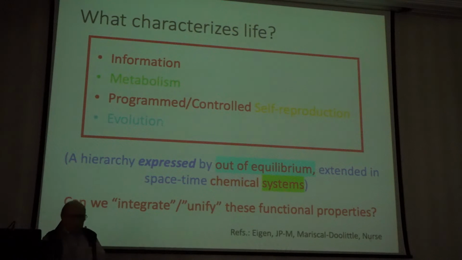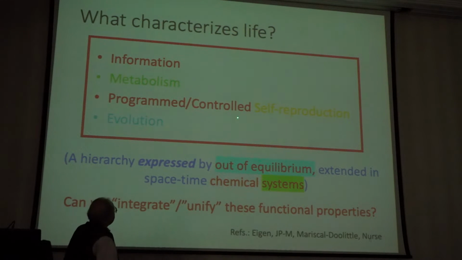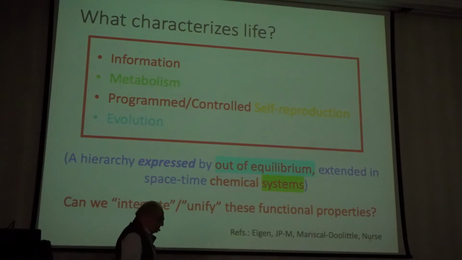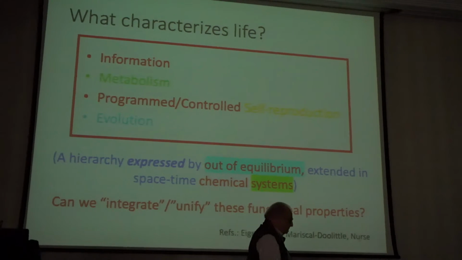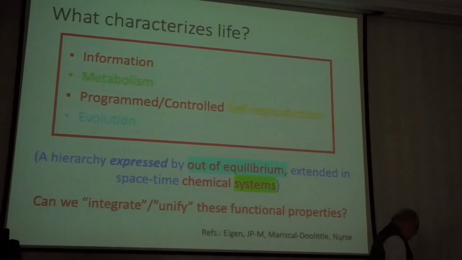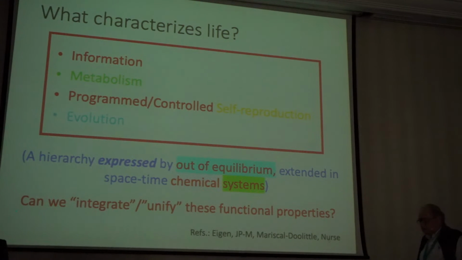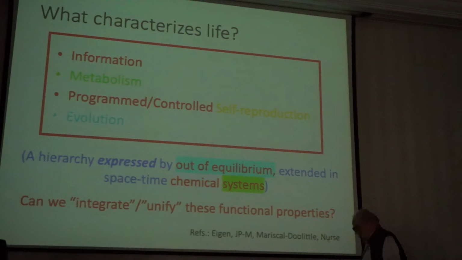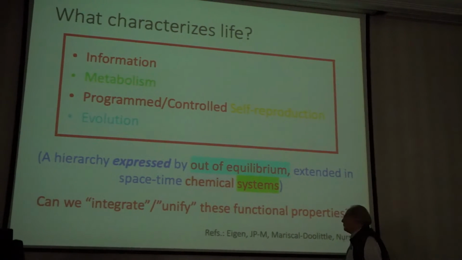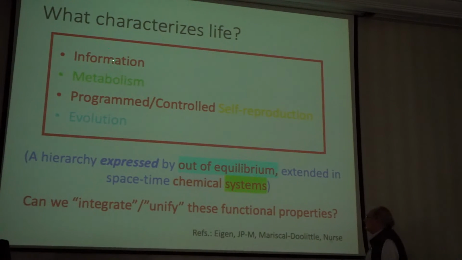And here is what we mean by life. This has been discussed in many places. I, for example, in the 50th anniversary book published by Cambridge University Press about 50 years of Schrödinger's What is Life book, list all of these properties.